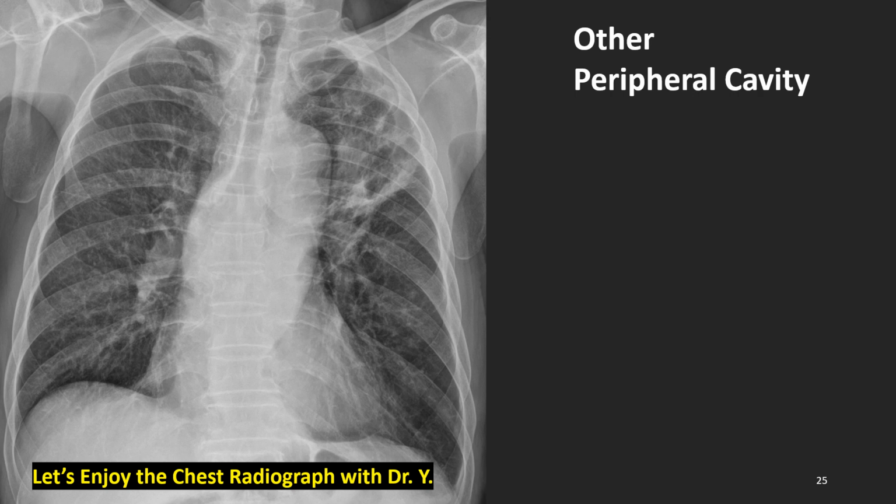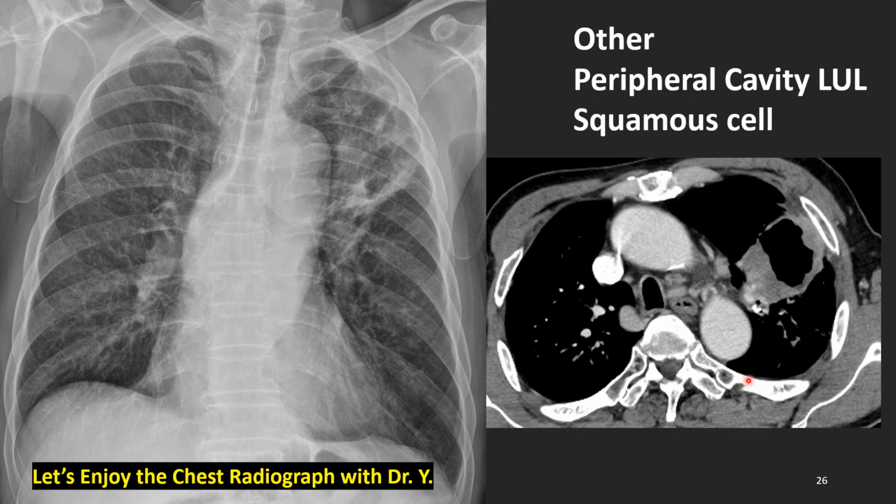What do we see here? Large mass or consolidation in the left upper lobe with central cavitation. Yes, peripheral type tumor with cavitation. This is axial contrast enhanced CT of this patient.